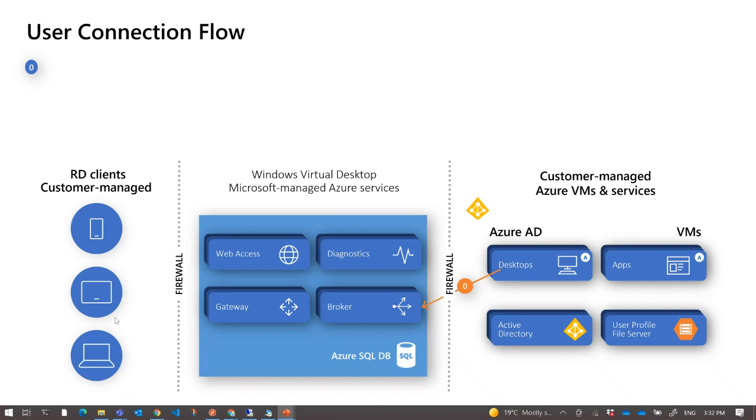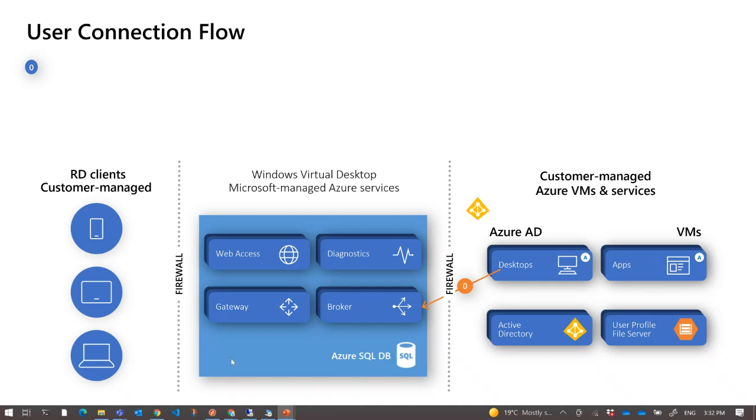Once you install it, you can access these applications. Now, there are a couple of components which make this WVD work. The first is the Microsoft managed environment. As I talked about, as part of remote desktop services, you're required to deploy a gateway, broker, web access, and a SQL database to keep all the connection information.